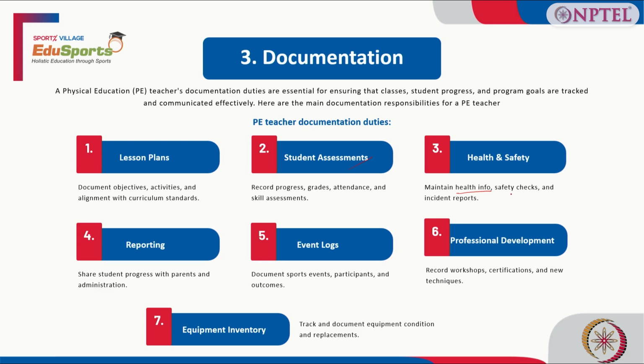You could have your safety checks and incident reports within that documentation. You could also have a statement of purpose for various safety situations that you may encounter in physical education. Documentation on reporting which classes have been completed with parents and administration, that we discussed earlier.